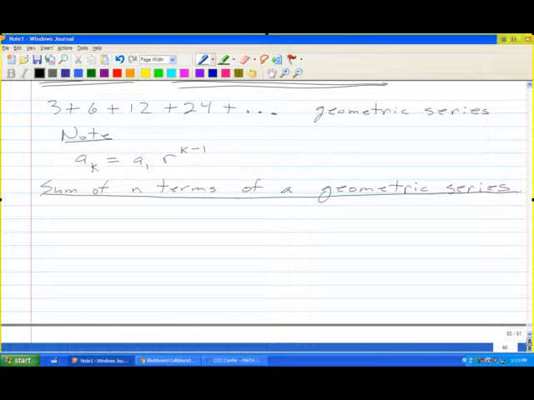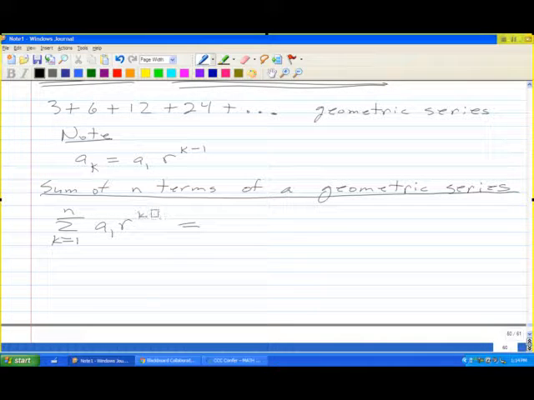is just, let me again, the sum k equaling 1 to n of a1 r to the k minus 1.